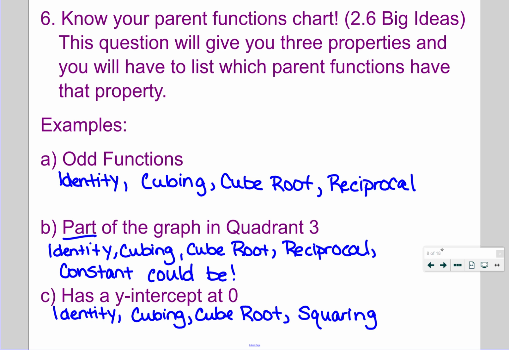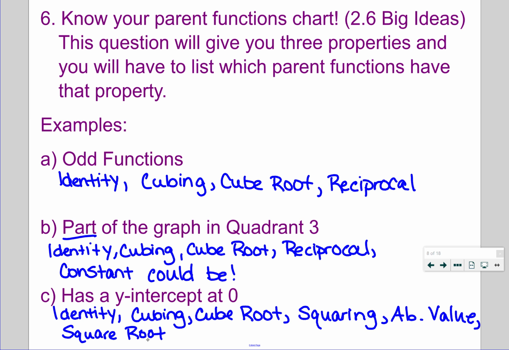That does have a y-intercept at 0. The absolute value has a y-intercept at 0. The constant, again, could be. The square root function has a y-intercept at 0. We got cube root already.